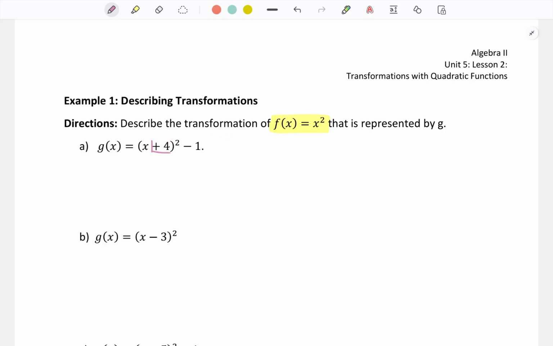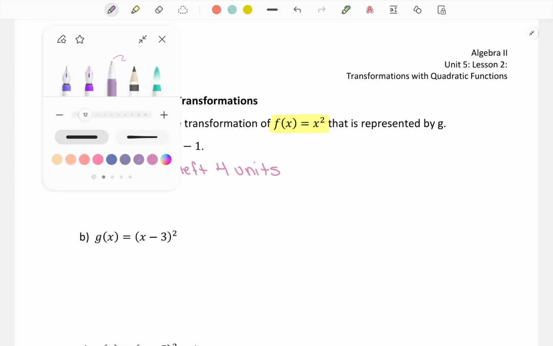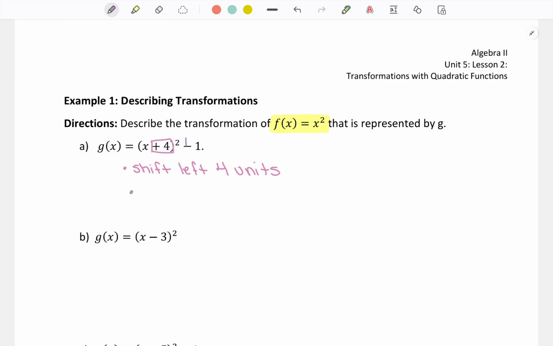This plus 4 is going to shift you to the left 4 units. And then you are going to shift down 1 unit with the minus 1.